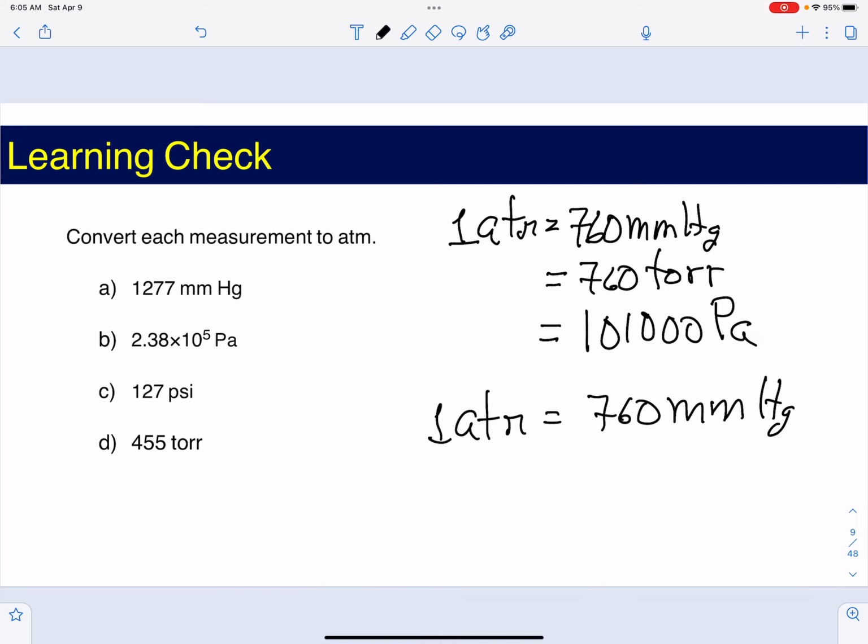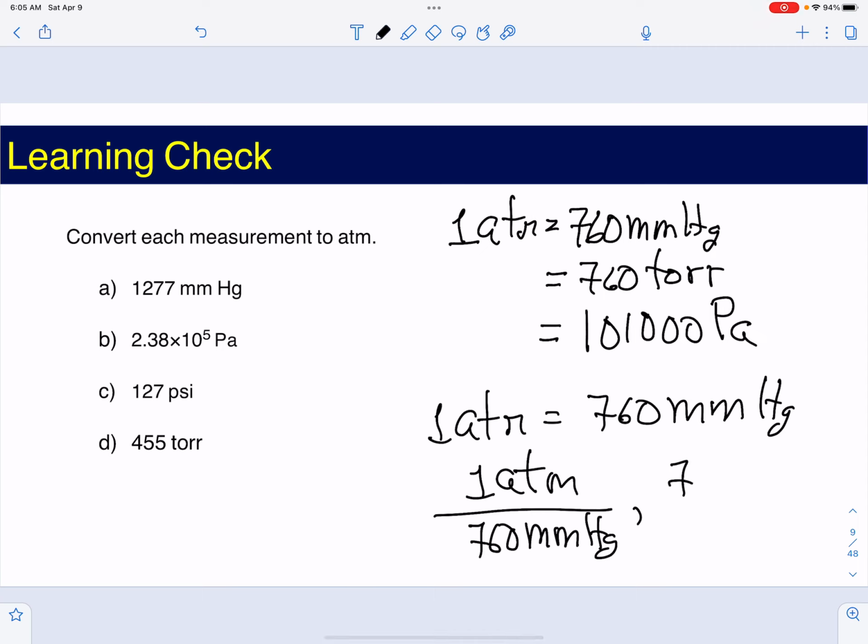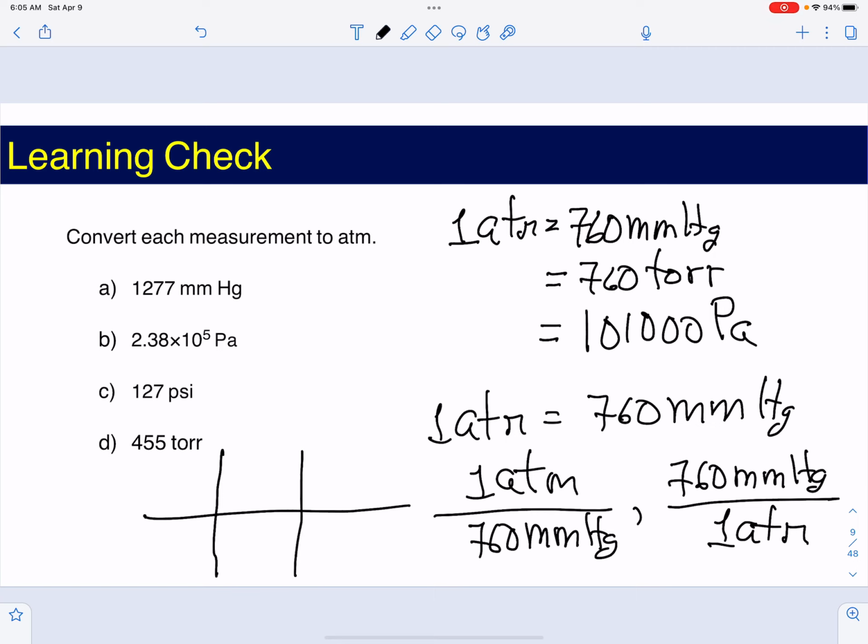Another way to say that is 1 atmosphere is the same as 760 millimeters of mercury, or you can say 760 millimeters of mercury is the same as 1 atmosphere, which is nothing more than 2 conversion factors, which tell us we can change from one measurement of pressure to another measurement of pressure by using the train-track method or dimensional analysis. So let's do a few of these.